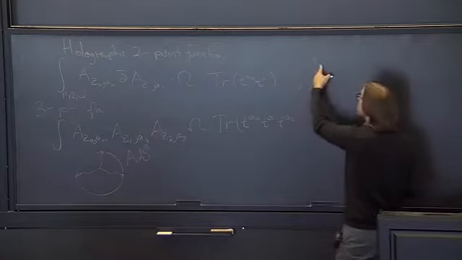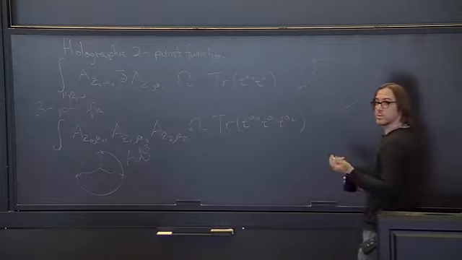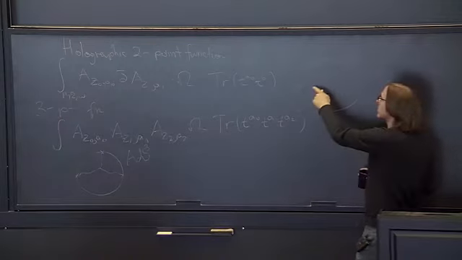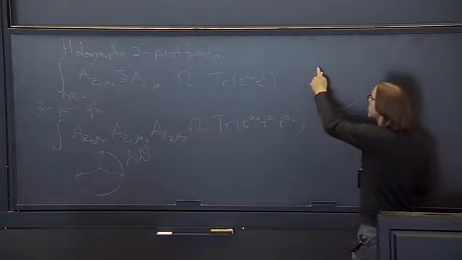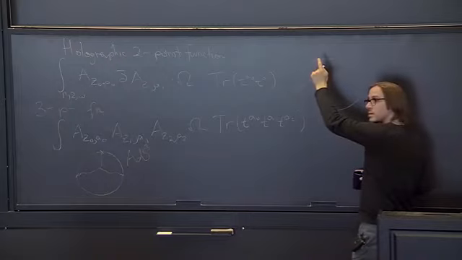So for the 2-point function, I think what Witten would say is you look at the field sourced by one point and how the subleading terms behave at the other point.